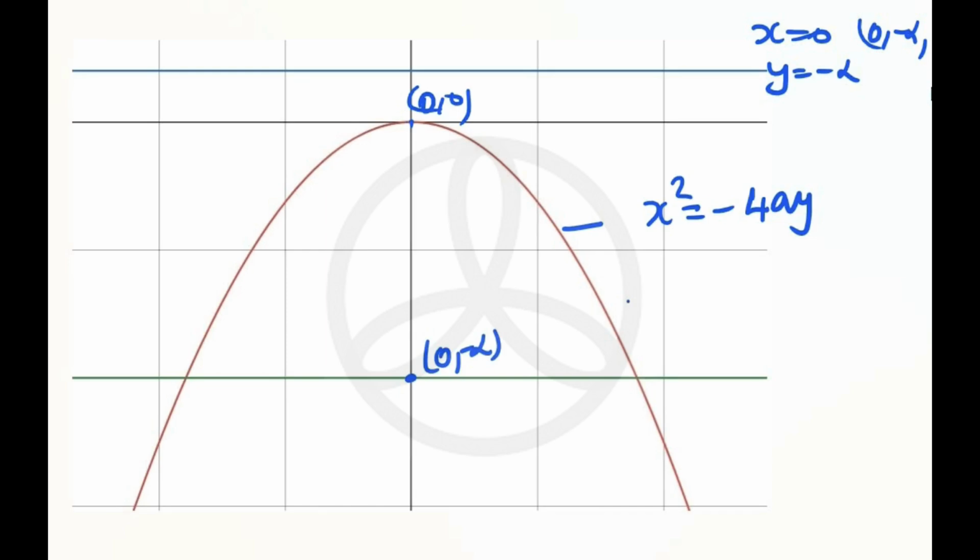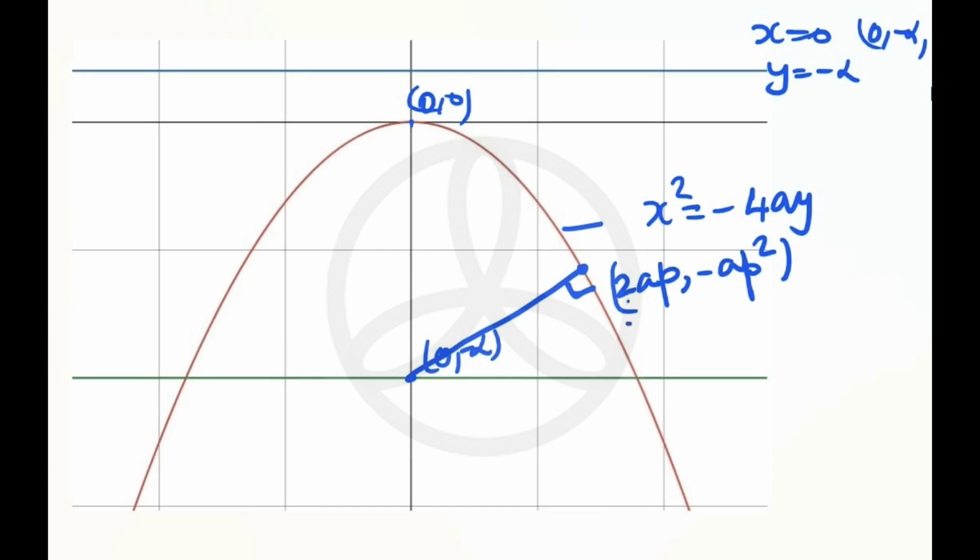Now as per the question, there is a normal drawn from this point to this parabola. Okay. And we have to suitably assume a point here which gives us the location. I will assume 2ap and minus ap square. If we substitute 2ap as the value of x, the value of y we will get is minus ap square.